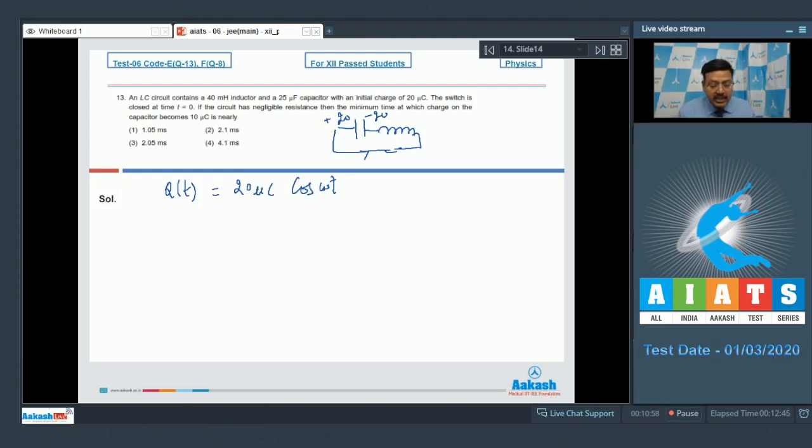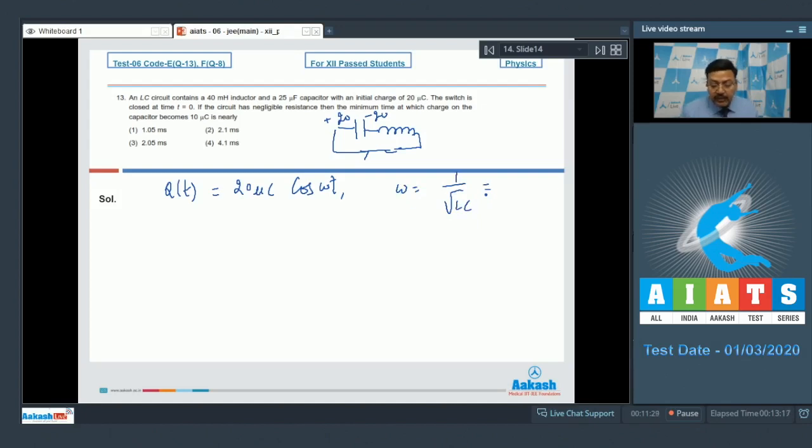At t equal to 0, charge is 20 microcoulomb, and charge on the capacitor initially starts decreasing. So the slope of this term for t just greater than 0 will be positive, and at time t equal to 0, of course, current would be 0. So with all that, this is the equation. The value of omega, of course, is 1 by under root of LC, the angular frequency.